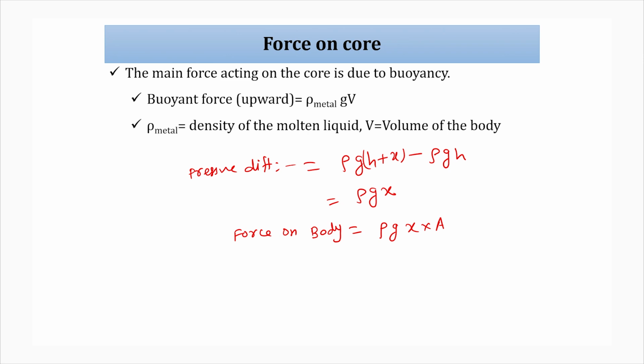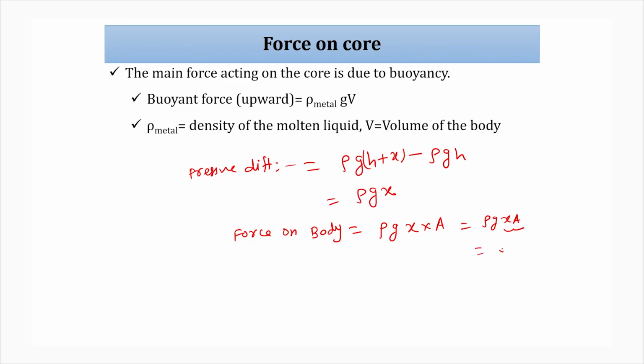So, rho g x into A, that is rho g x A. And what is x into A? A is the cross-section from the top and x is the height of the body, so it will be the volume, and that is known as the buoyant force, buoyancy.